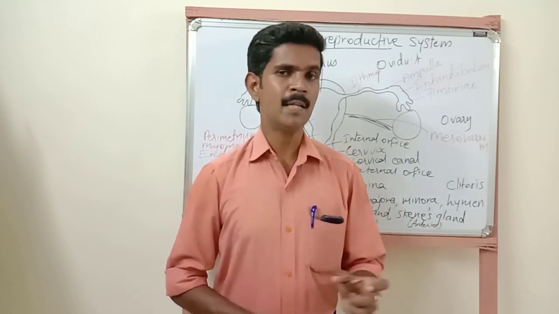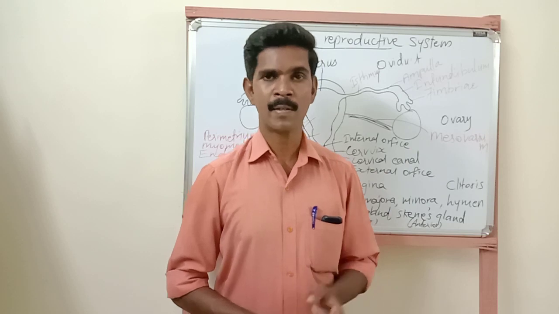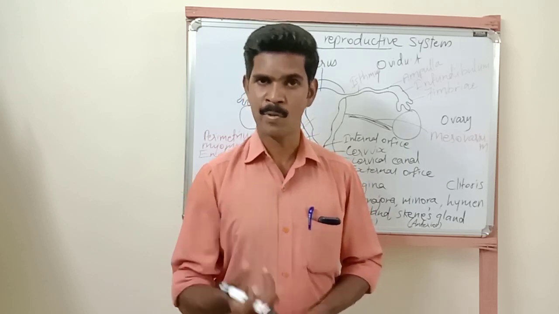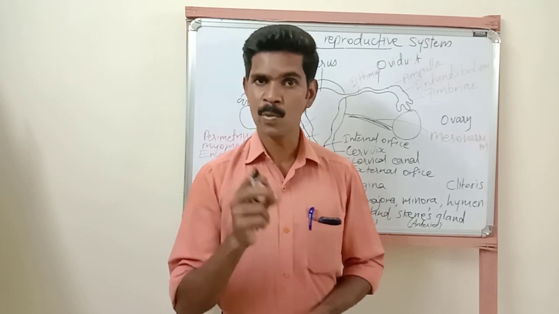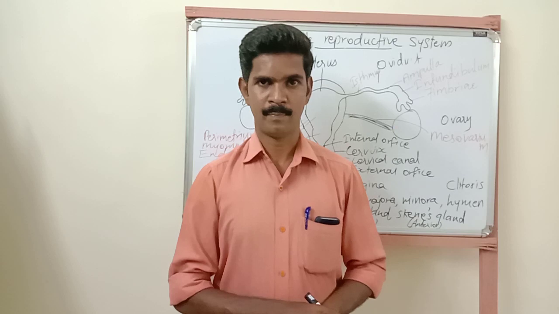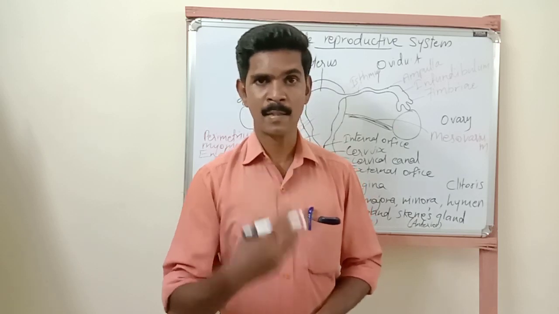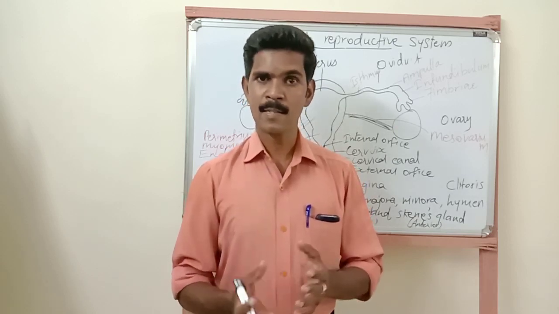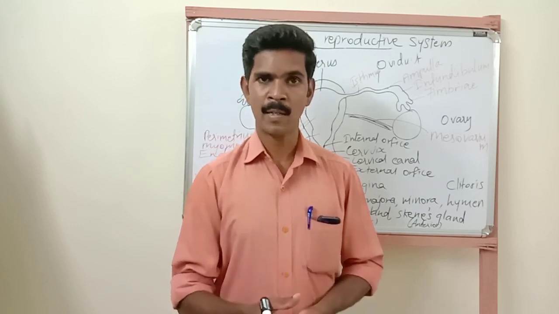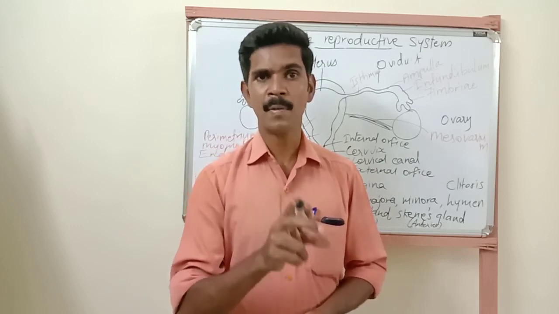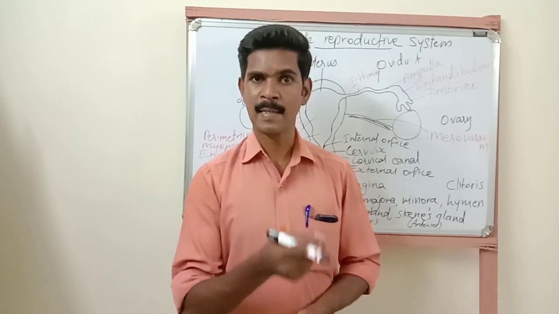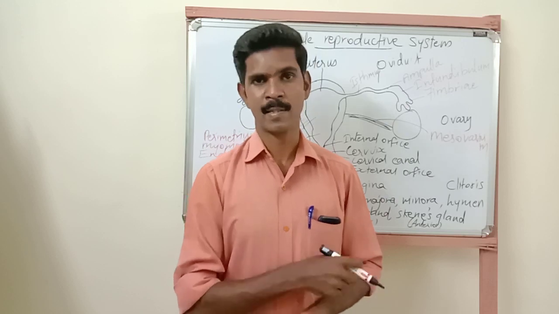The third very important function of the female reproductive system is giving food or nutrients to the fetus from the mother. The food the mother eats, its nutrients mix inside her blood, and through the mother's reproductive system the nutrients enter the body of the fetus.